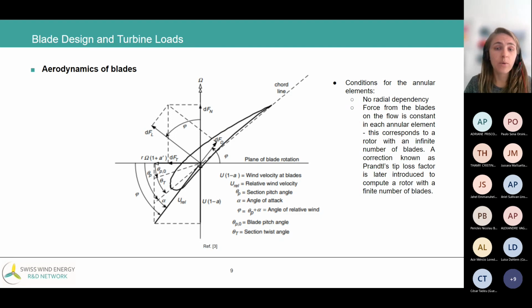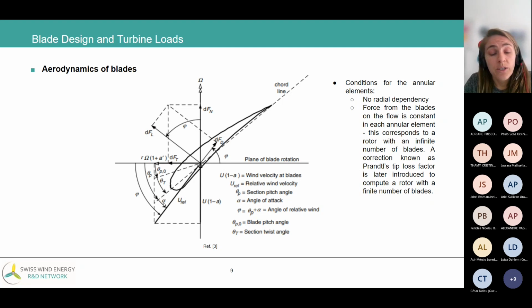So here we have, which is the main thing, of course, the wind velocity at the blades, in which we are already taking into consideration the axial induction that we already know and defined. Also, we have the rotor speed, and we are adding the angular induction to this rotor speed. Then the combination of these two is the relative wind speed, and then all the angles associated with this.